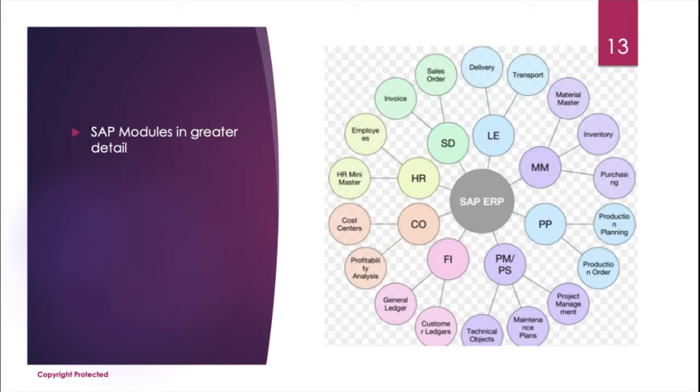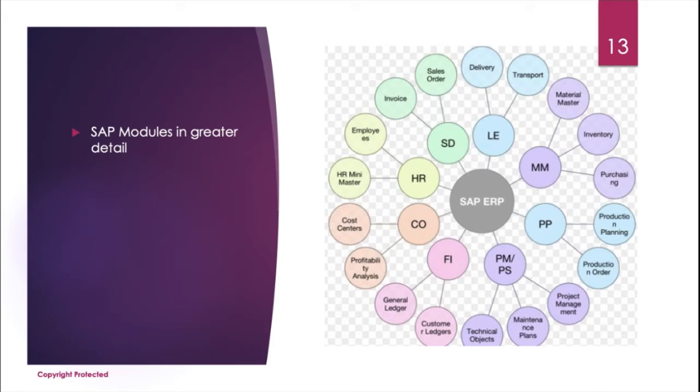Then there is another module, the financial accounting module, the FI module. FI has the general ledger and the customer ledger. Those are important areas because ledgers, in a common man's language, are like the books in which expenses are entered or accounting is done.